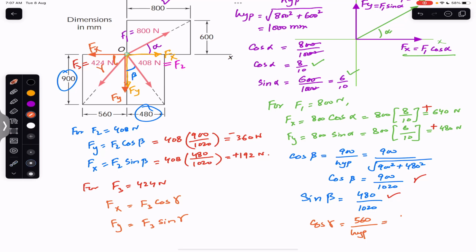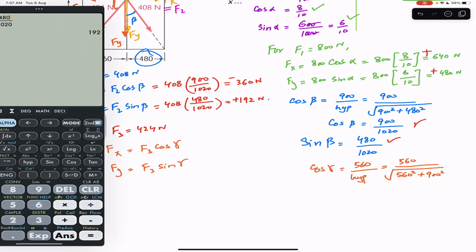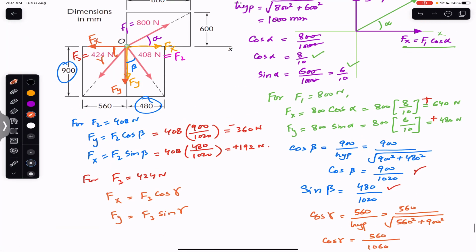So this is 560 divided by 560 square plus 900 square under the square root, using the Pythagoras theorem. So 560 square plus 900 square gives us the hypotenuse equals 1060. So cos of gamma is 560 divided by 1060.